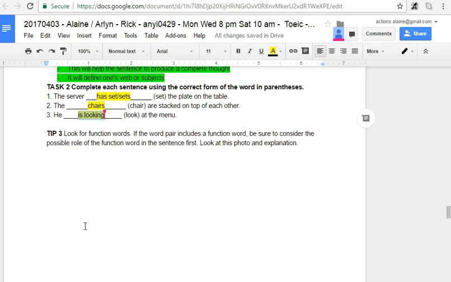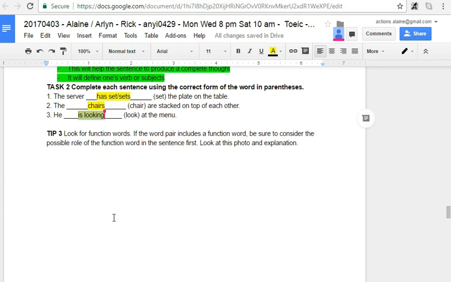Now, for tip number three, could you please read that for me? Tip 3. Look for function words. If the word pair includes a function word, be sure to consider the possible role of the function word in the sentence first.